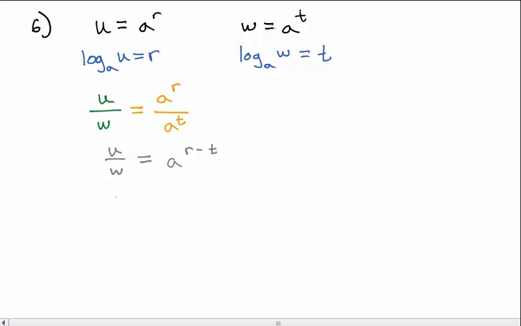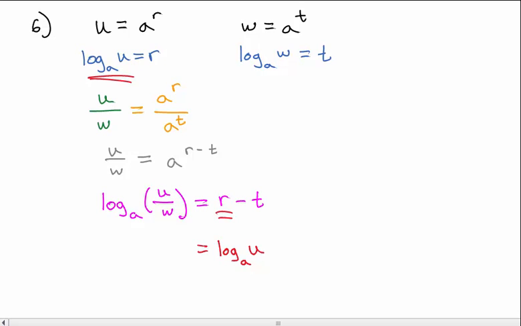And then if we convert this to a log again, the base is a of u over w. It's going to equal the exponent r minus t. But again, we know that r is log base a of u, and t is log base a of w.